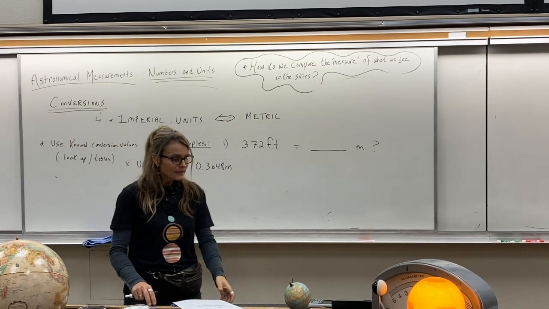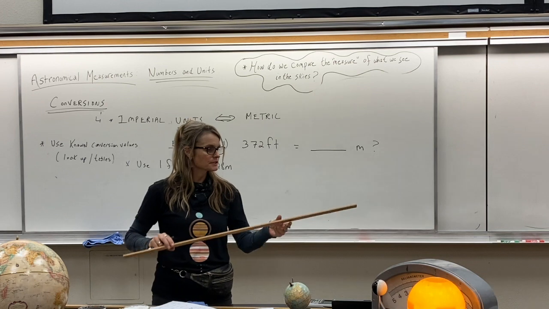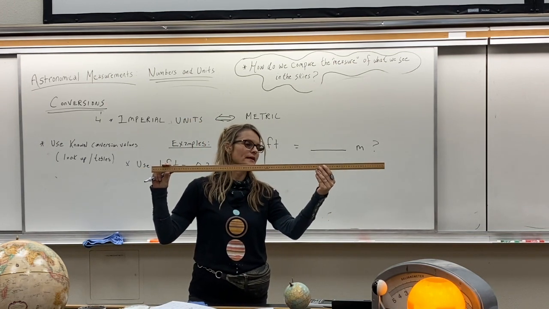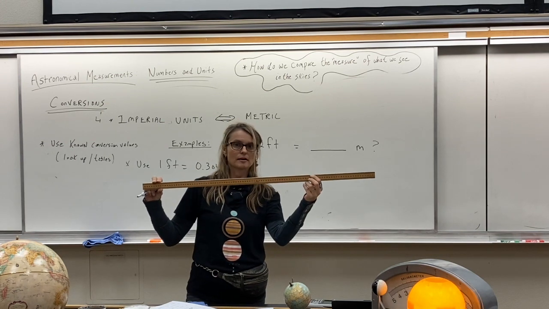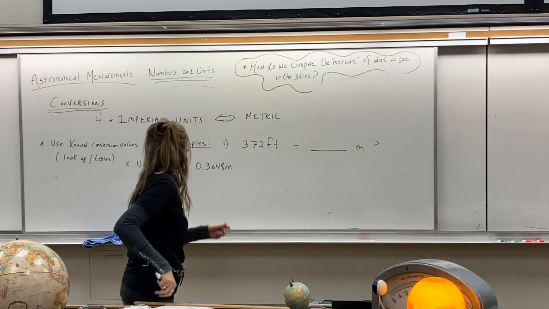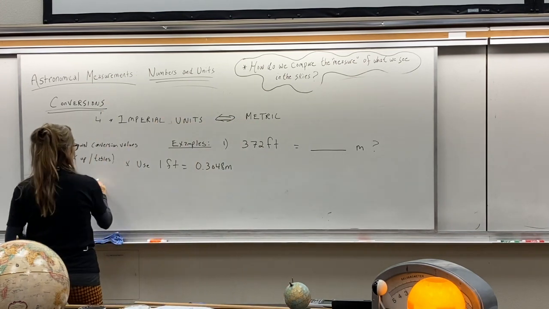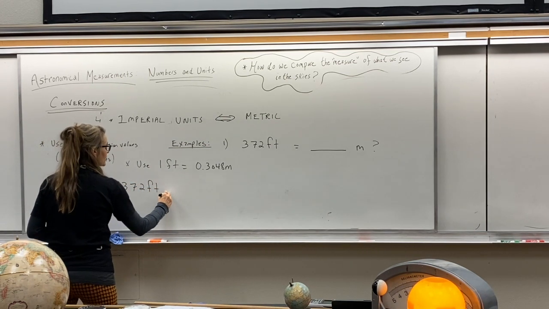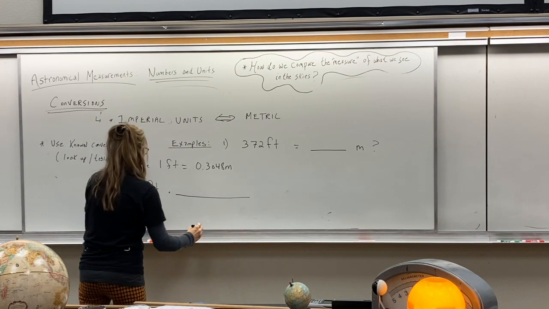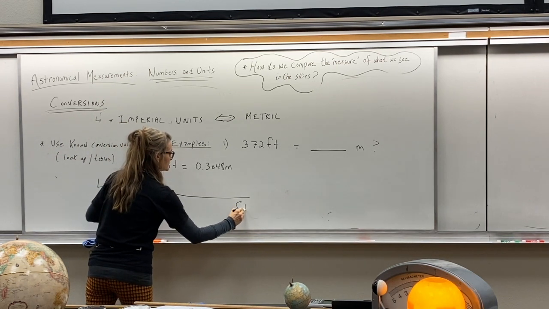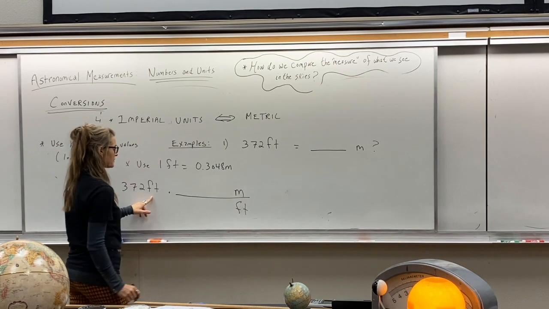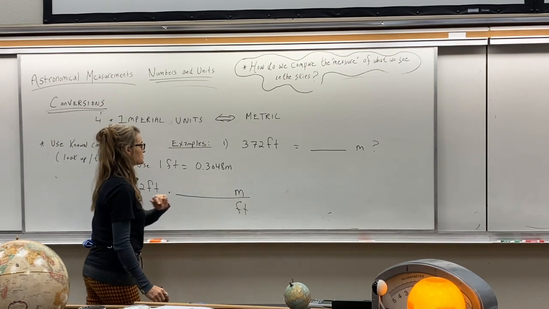So a foot is much smaller than a meter. We can at least fit 3 feet inside a meter stick if you look at that scale. We're looking at a partial amount of the meter stick here. And what we're going to do is take that 372 feet. We want to get rid of it, so we multiply by our foot in the denominator and our meters in the numerator, get rid of our feet, and introduce the meter.